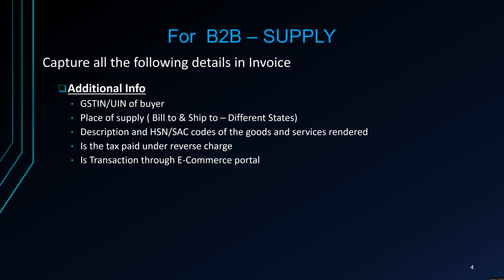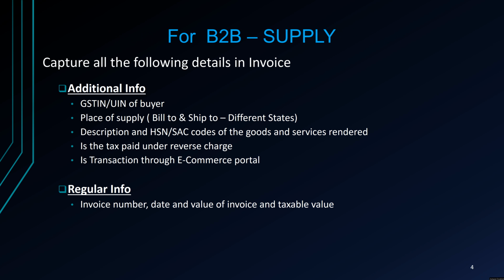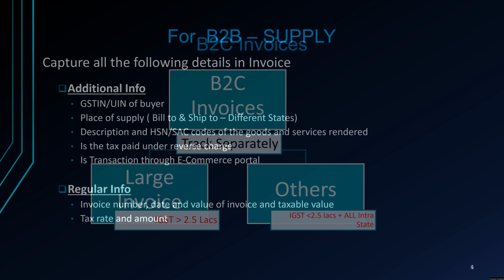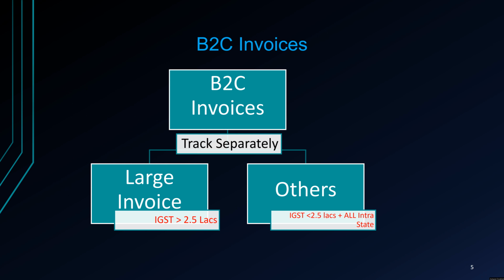Now, for each item, you should have an ability to flag or tick mark all these items which we are discussing. The regular information of the invoice number, date, invoice value, the taxable value, and the tax rate and amount is already there, and that needs to be captured.